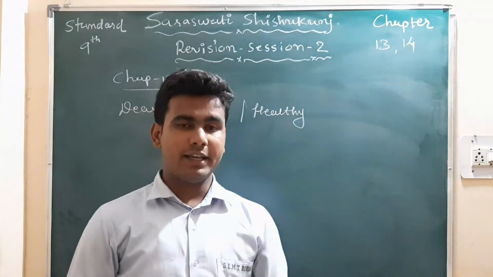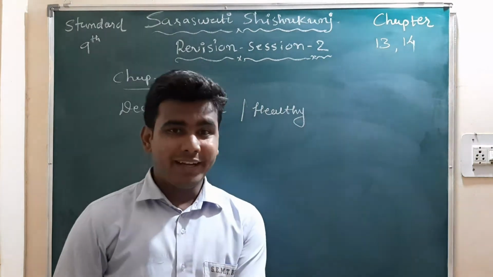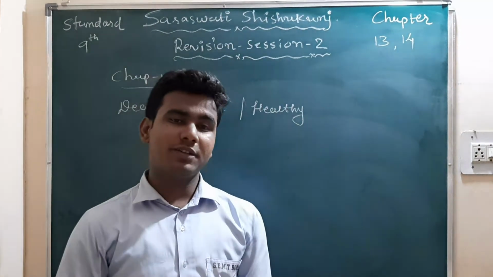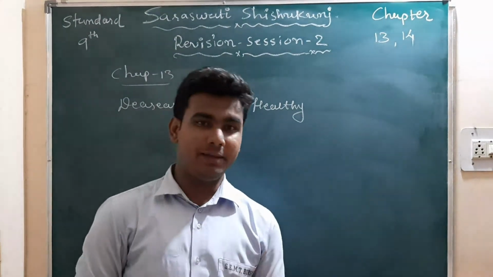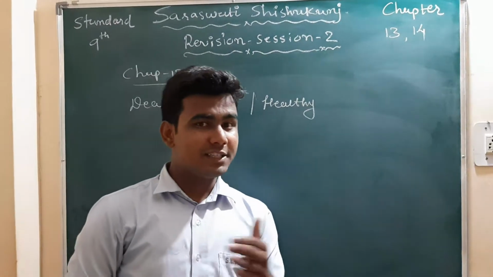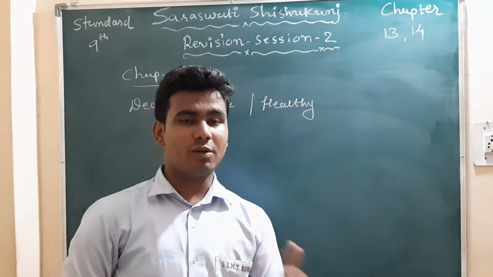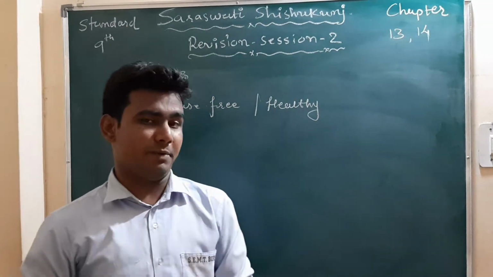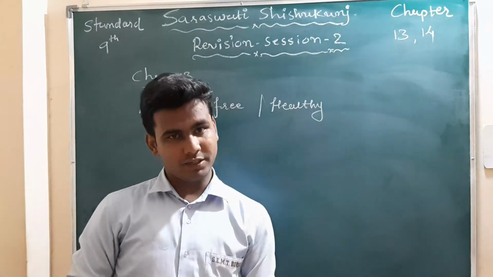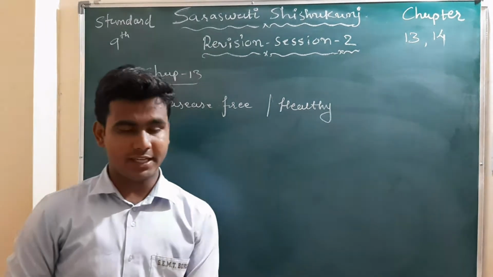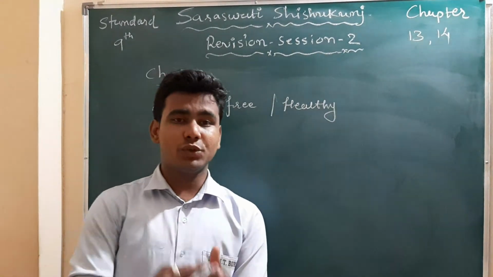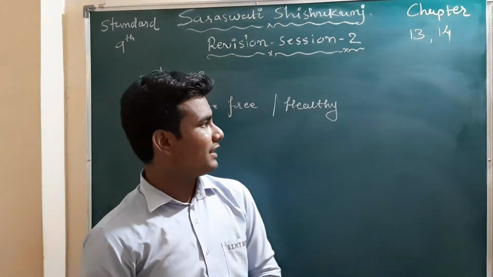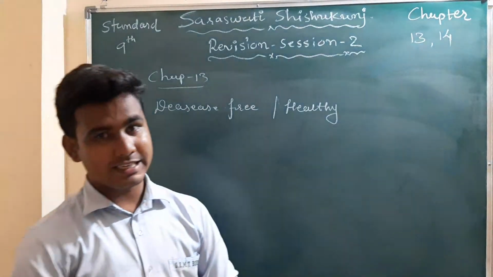If a person is physically, mentally and socially fit, then it is called a healthy person. But a disease free person, meaning one not suffering from any disease only, is not considered a healthy person. Again, a healthy person means a person who is physically, mentally and socially well. So that is the concept of healthiness.